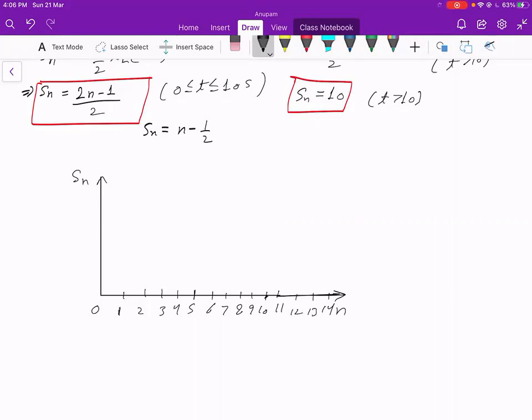So n equal to 1, what is the value of S1? If this is my formula, S1 is half. S2? 1.5. S3? 2.5. S4? 3.5.